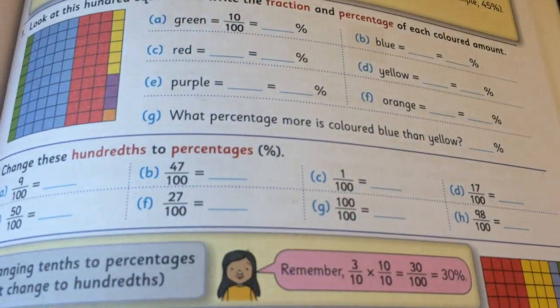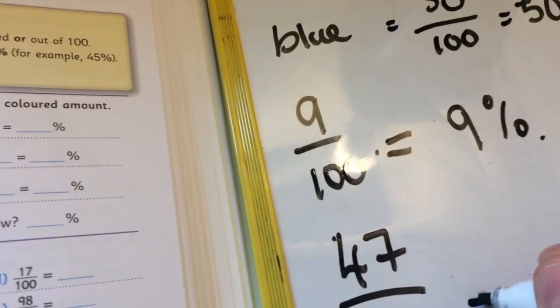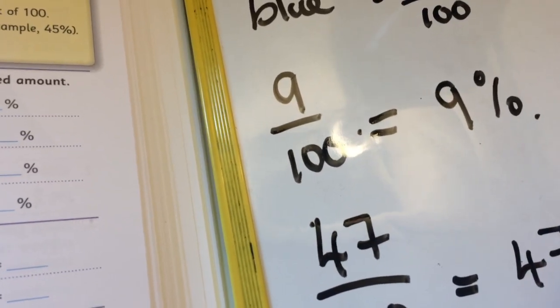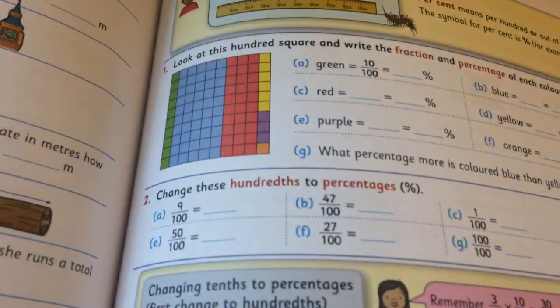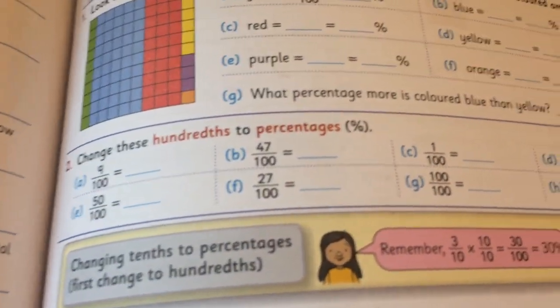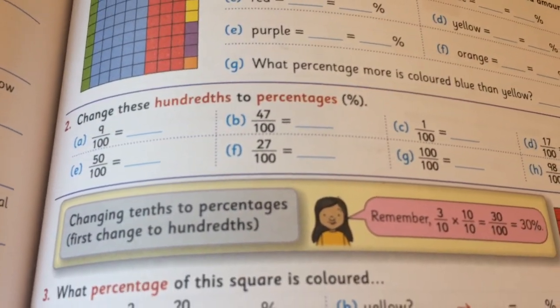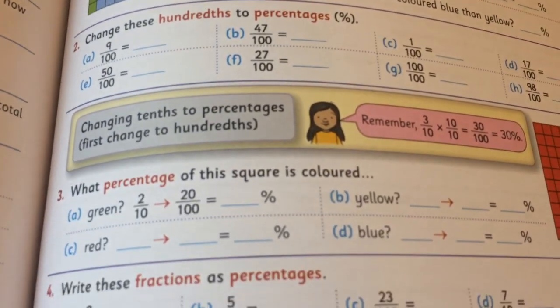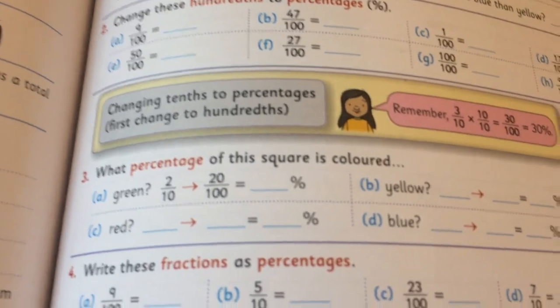Then we'll look at B. B is 47 out of 100. So again, this is just practice. What is it? 47%. That's easy because the fraction that you're dealing with is hundredths. So now you can stop and do that sum and then come back to me if you want to look at this part.